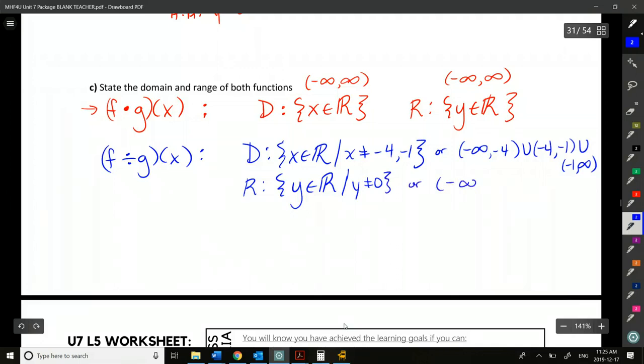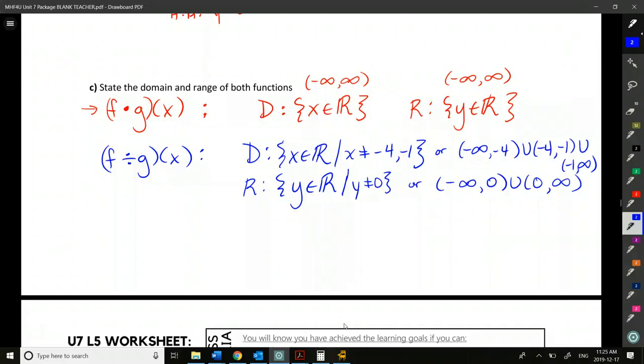You can also say negative infinity to 0 in union with 0 to infinity. Okay, so just showing you guys the interval notation for these. I personally think that this method is a little bit easier than doing 3 intervals like this, but whatever you feel comfortable with. You just have to remove -4 and -1 from your set.